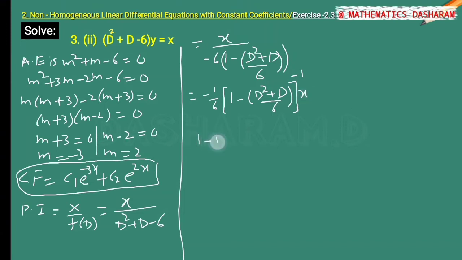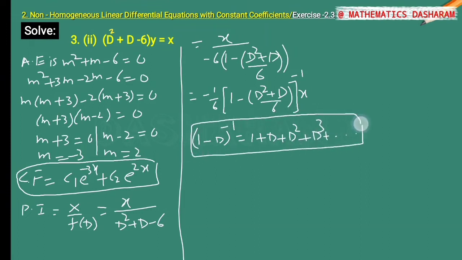So here apply the (1 - D)^(-1) formula, that is 1 + D + D² + D³ + ... So here in the place of D we have (D² + D)/6.